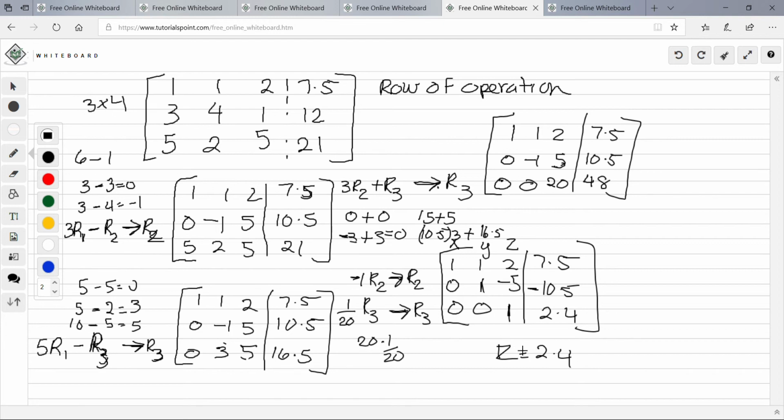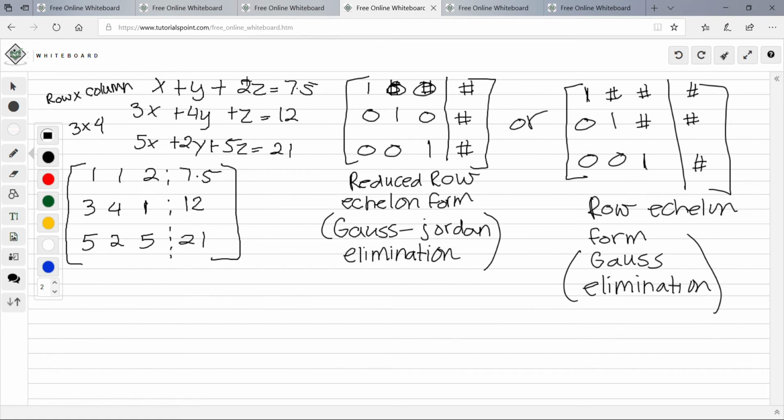So z equals 2.4. Now we're going to have to substitute it. Let's put it in this equation. So we know our z value, right?